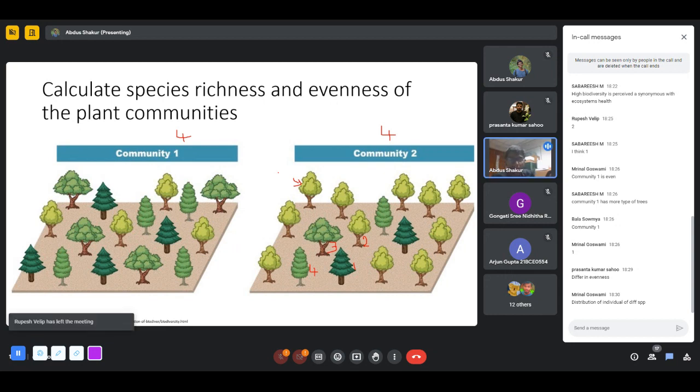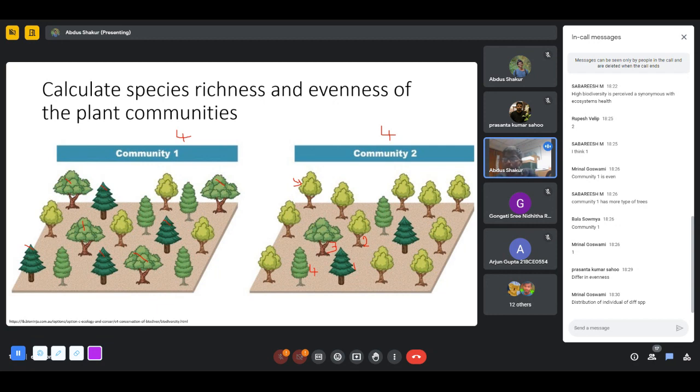So in community one, every species is more or less present in equal numbers. For example, let's count the number of these conical shaped trees. One, two, three, and four. And these ones, one, two, three, four. So each species is present in equal numbers here.